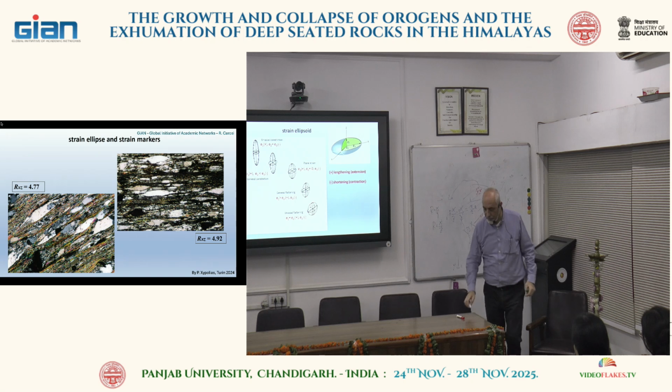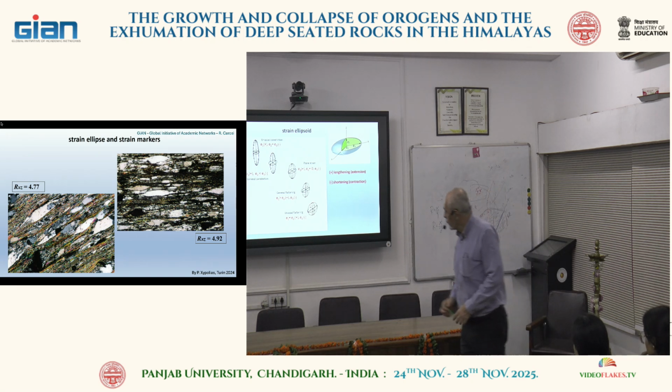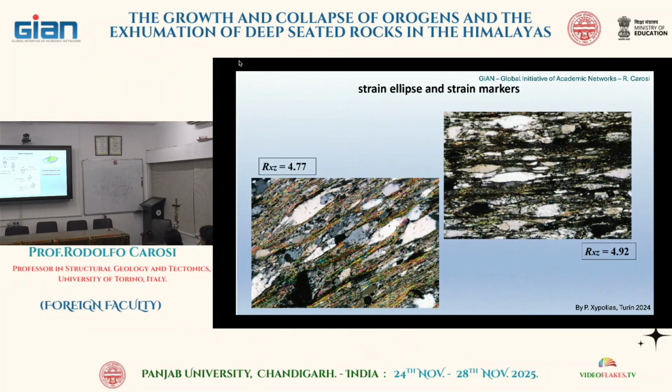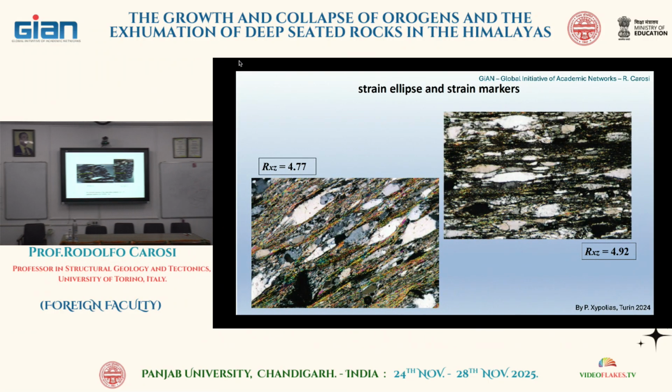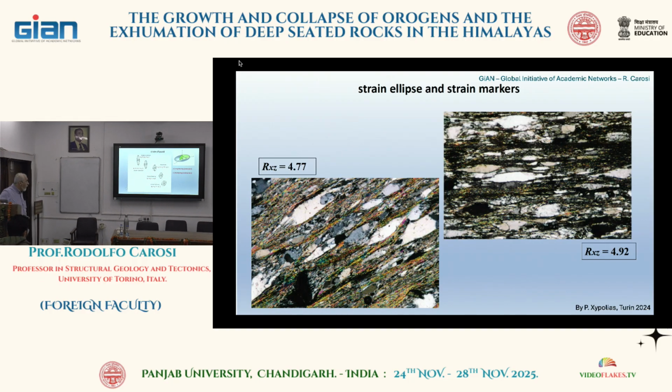So you can have just a qualitative estimation of the strain ellipsoid. Okay. So usually, if you look at this section, you can more or less assess if you are in general constriction or in general flattening or axial flattening. Of course, you have to calculate exactly the strain to project on the Flinn graph, but you can have an idea of this.